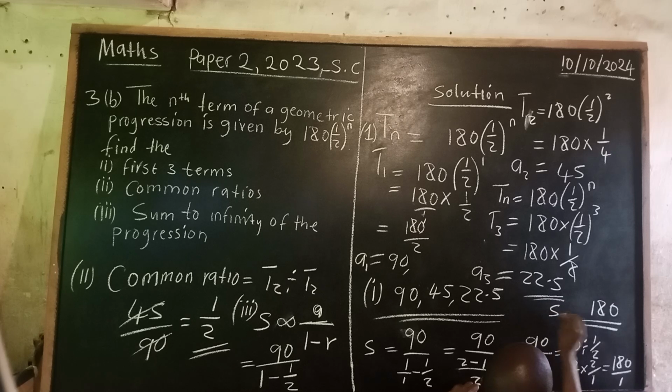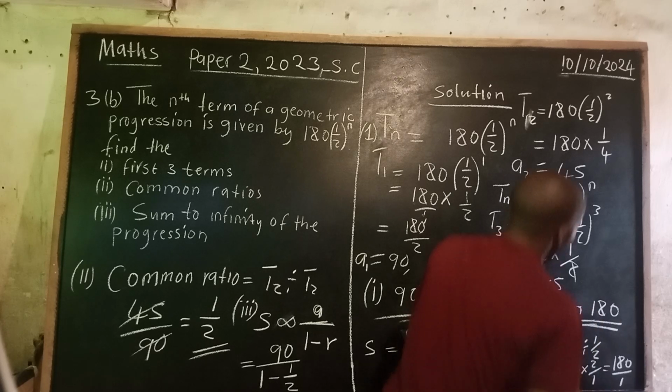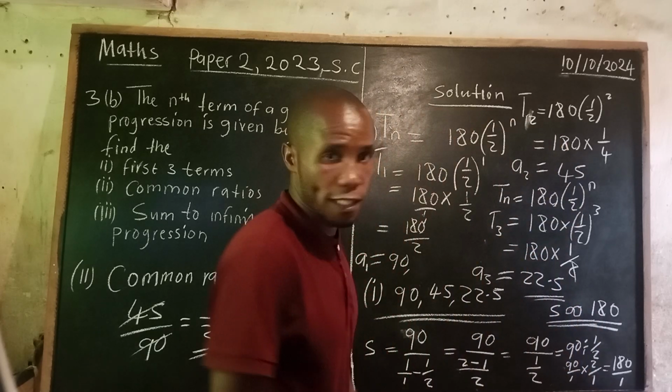This is the sum to infinity. So the sum to infinity is 180.